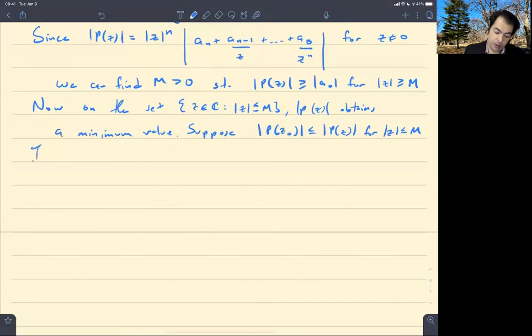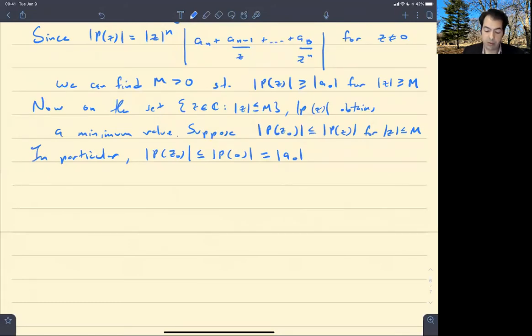Okay, now in particular, the modulus of p of z naught is less than or equal to whatever the modulus of p of 0 is, right? Because 0 is a particular point with modulus less than M. And that is the modulus of a naught.